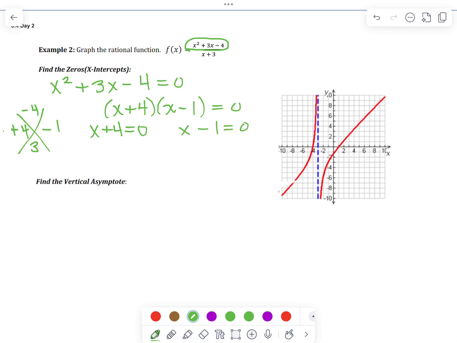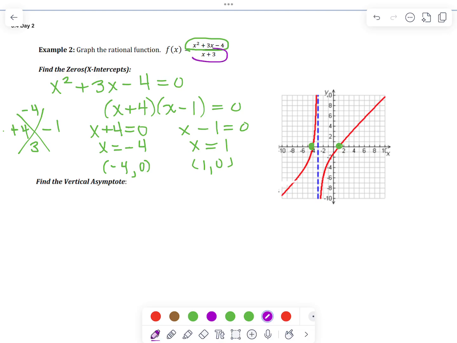And then we solve by undoing, so we subtract 4 and add 1. And then we write them as ordered pairs. Negative 4, 0, positive 1, 0. So here's our x-intercept and x-intercept.